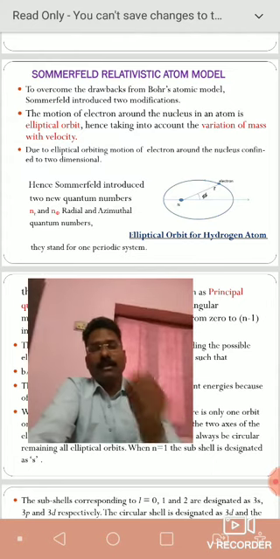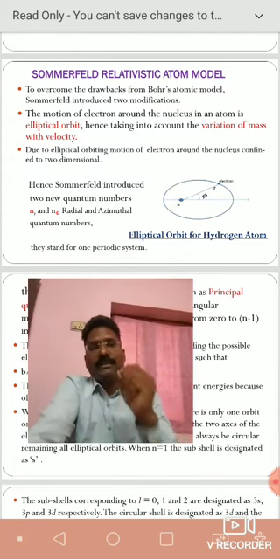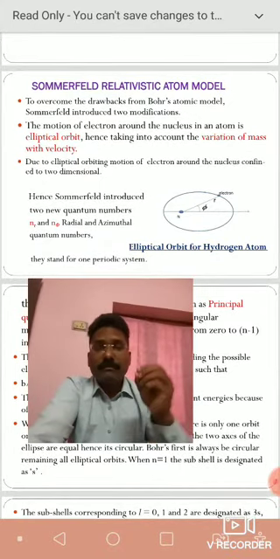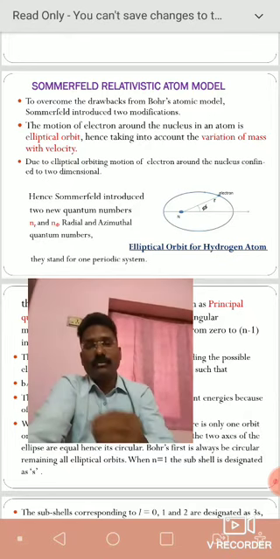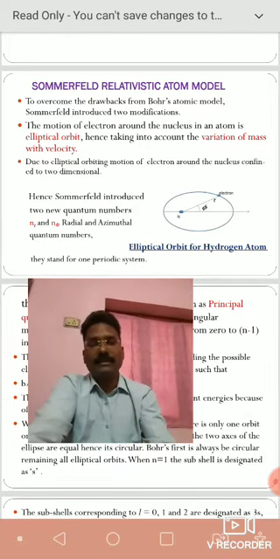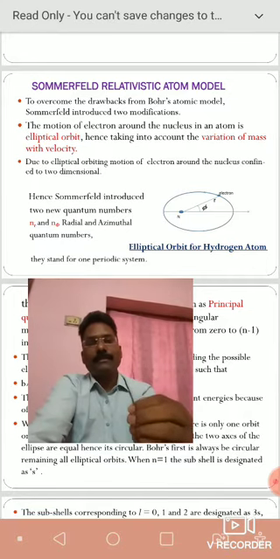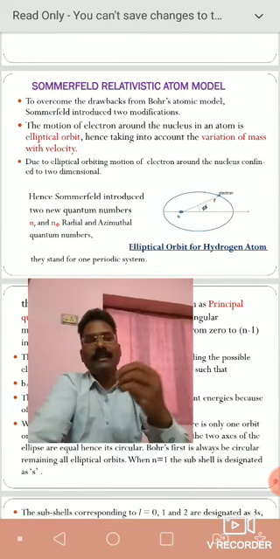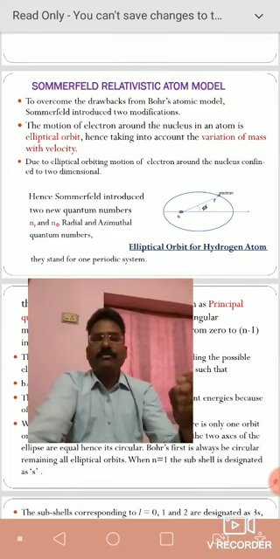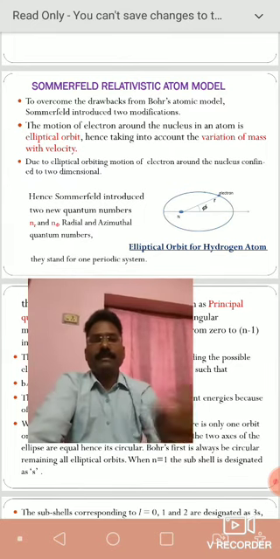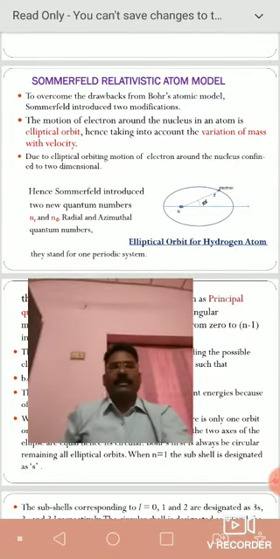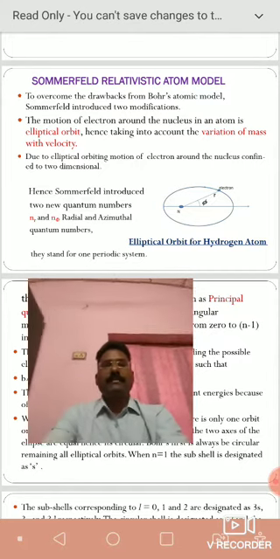Here Sommerfeld introduced one most important characteristic. The electron may revolve around the nucleus in an atom in an elliptical orbit, just like all the planets revolve around the sun as one of its foci in the galaxy. He assumed that if the path of the electron around the nucleus is elliptical, then with respect to the velocity of the electron, the mass may change.